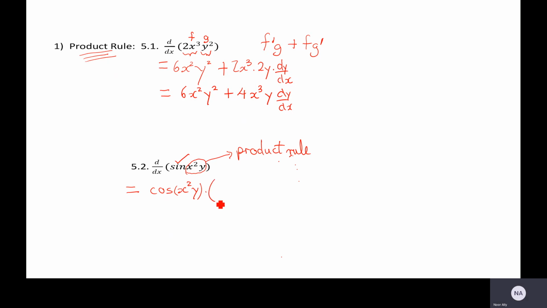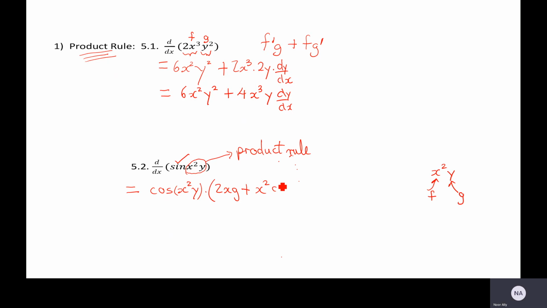Now I multiply by the derivative of x squared y, which is implicit, and therefore use the product rule. So looking at x squared and y, I'm going to make x squared my f and y the g, and use the product rule. Differentiate f, I'll get 2x, I'll leave g, plus, now leave the x squared and differentiate y, and what is the derivative of y?